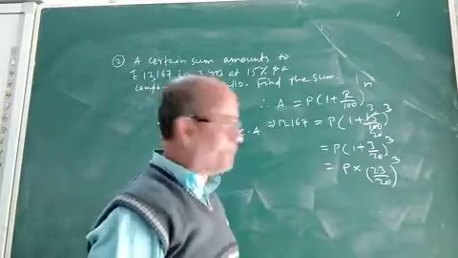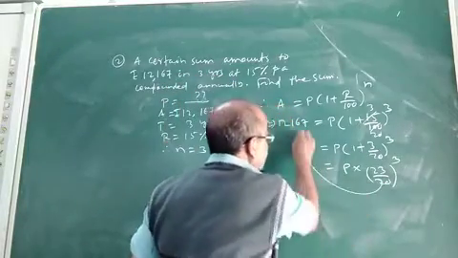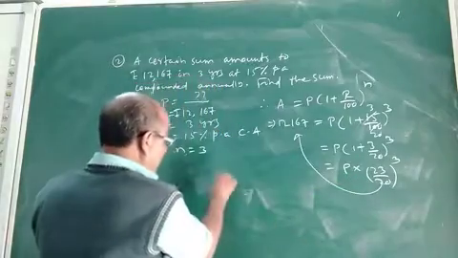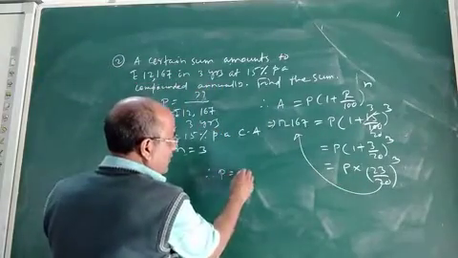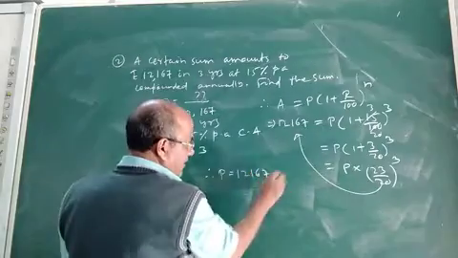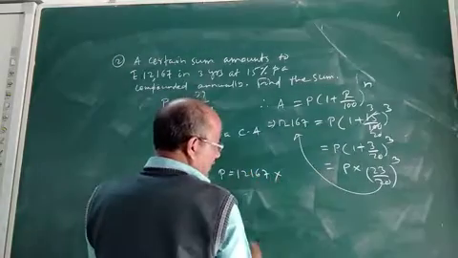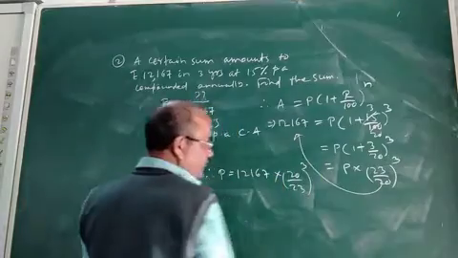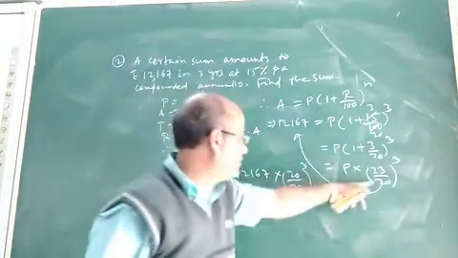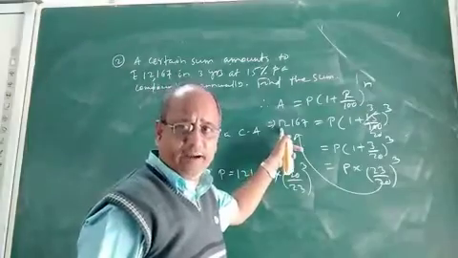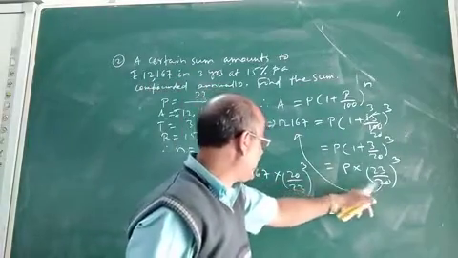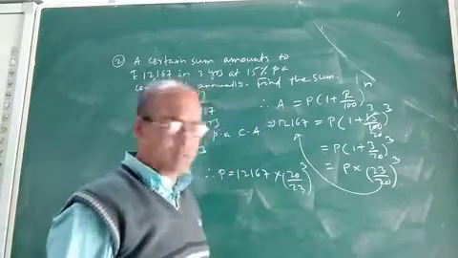So how to get the value of P? This quantity must be brought to the left hand side. So P will be equal to 12167 into 20 by 23 whole cube. If this comes to the other side, it will be divided and then multiplied, so 23 by 20 becomes 20 by 23.